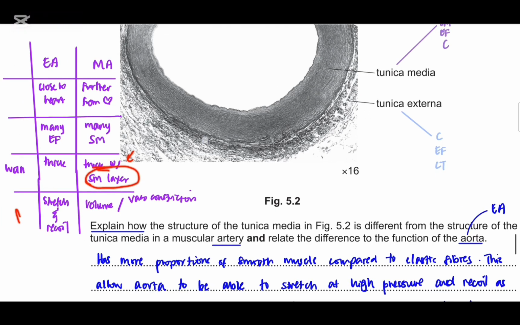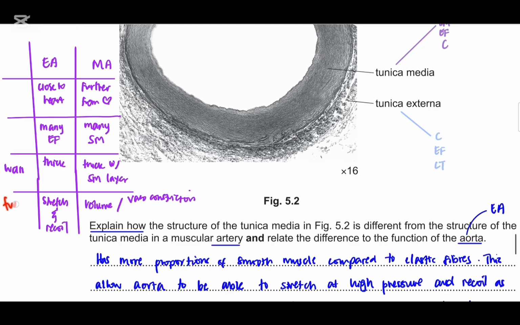And then why is it important? The functions of the elastic artery, because it has a lot of elastic fibers, it allows the artery to stretch when there is higher pressure, and then recoil when pressure decreases, right?